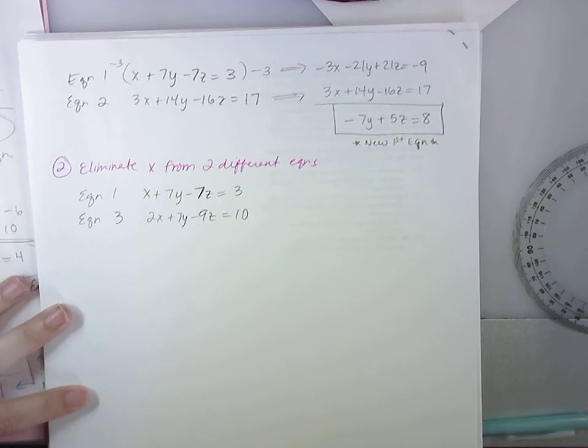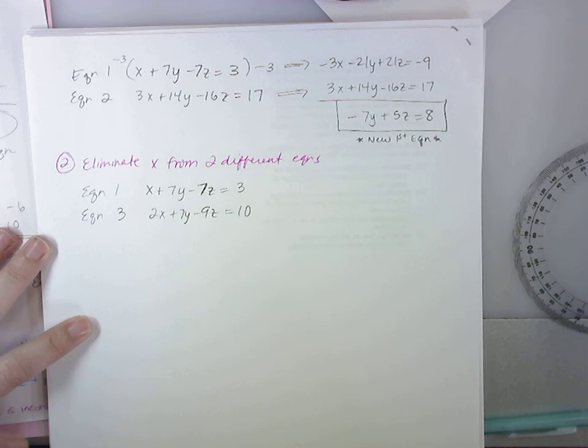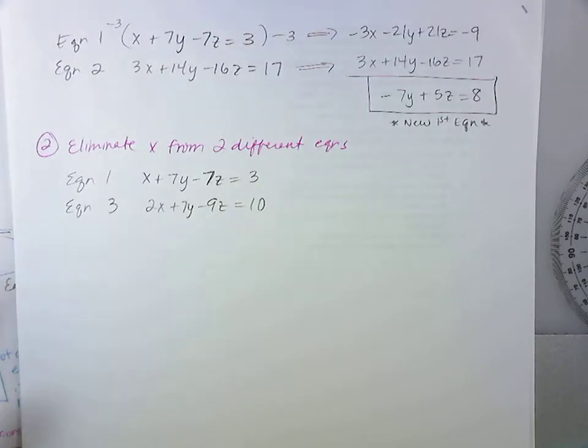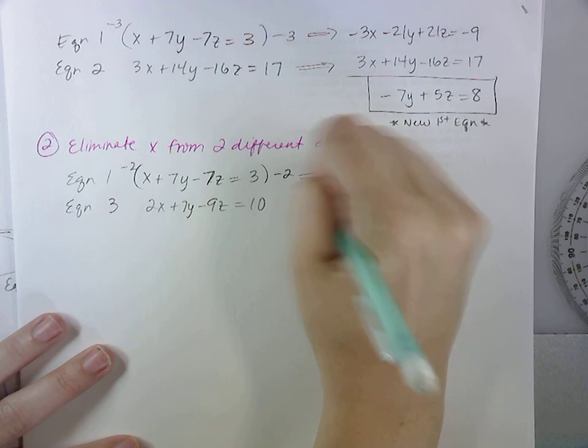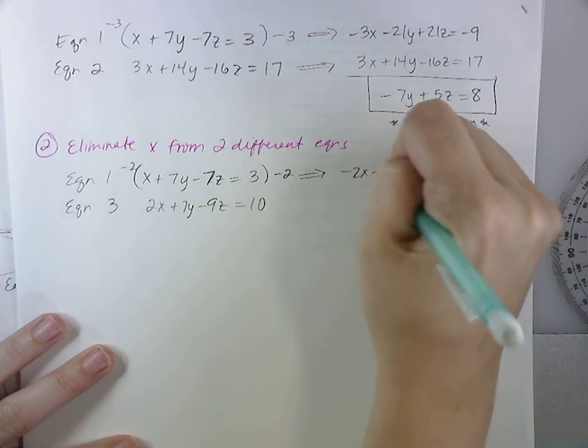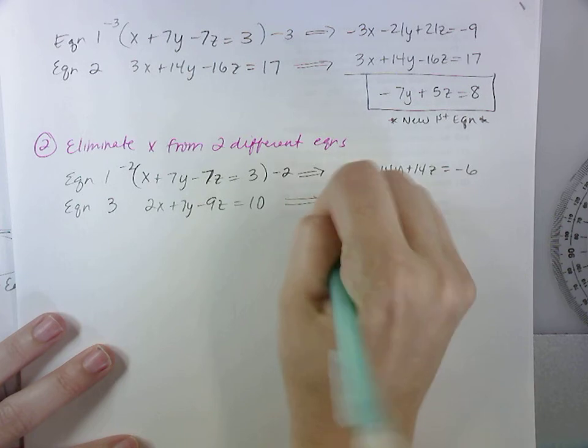Okay, and then Colin, what should we do here to eliminate your x? Okay, good. Well, 2 or negative 2. Okay. So negative 2x minus 14y plus 14z equals negative 6. This one's going to stay the same.